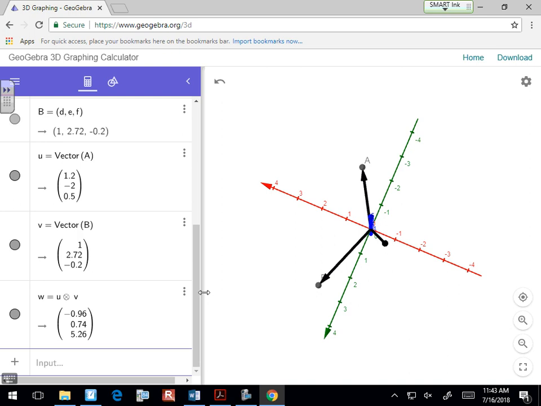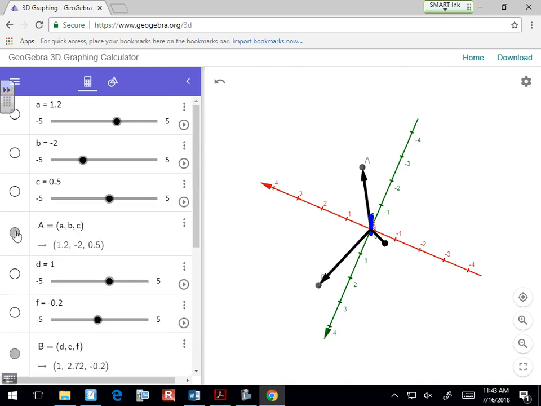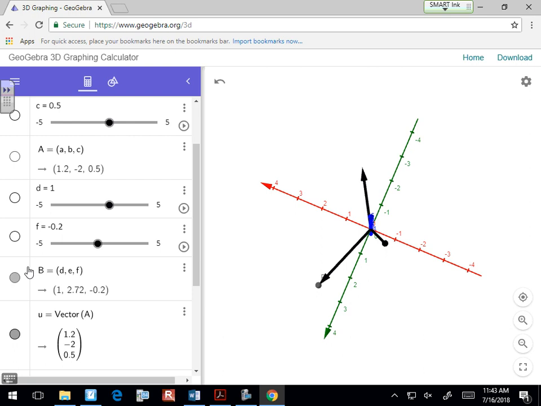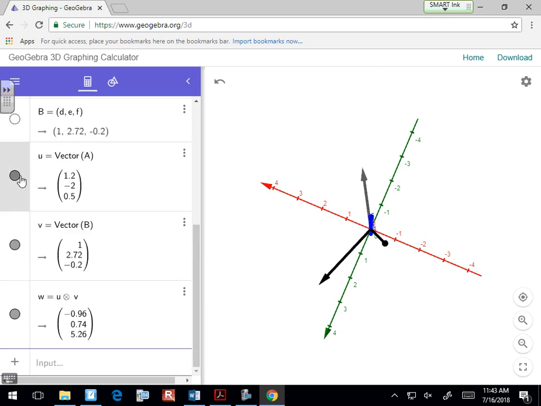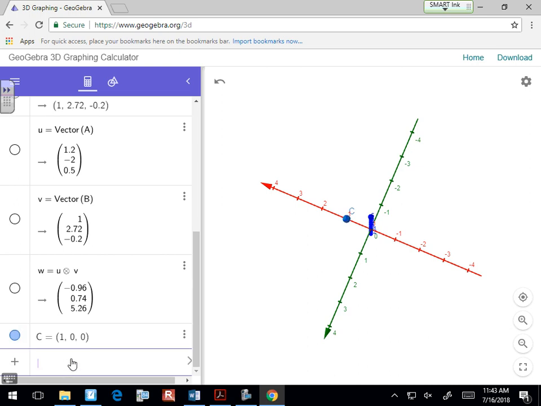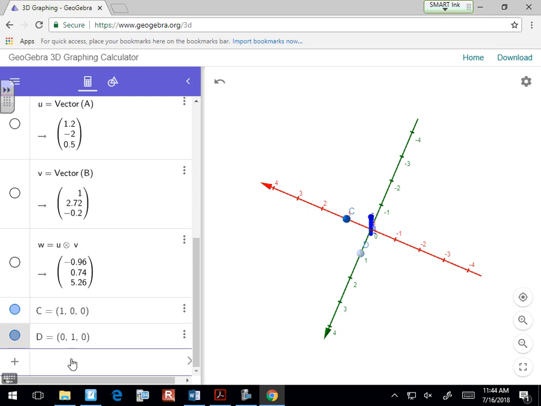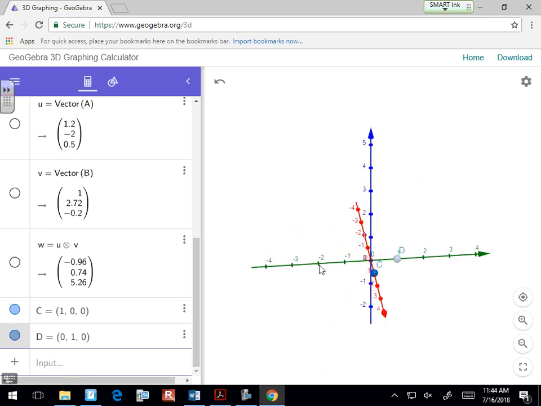Let's say, for example, I find the cross product between some unit vectors. So let me get I in there, and J. Now, I and J are living in the XY plane.